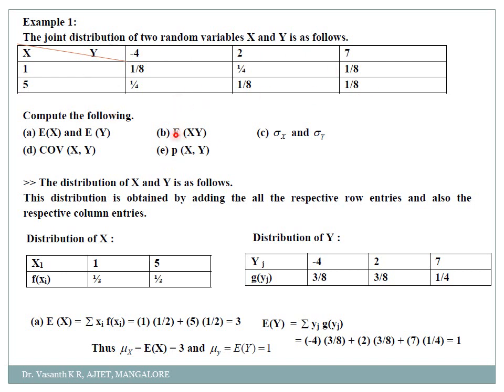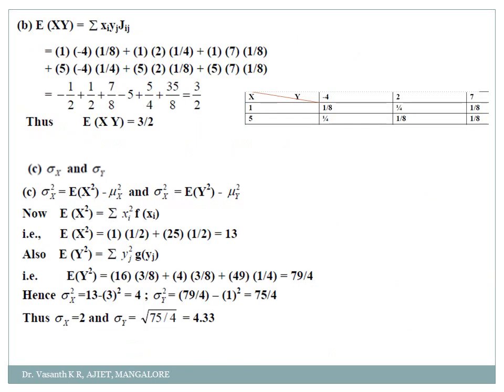That will give me expectation of xy. That is, we have to find the expectation of joint probability. This is individual, correct? X is individual, y is individual. This is together. So together means how will you do? 1 into minus 4 into 1 by 8 plus 1 into 2 into 1 by 4 and so on. We'll see it in the next step.